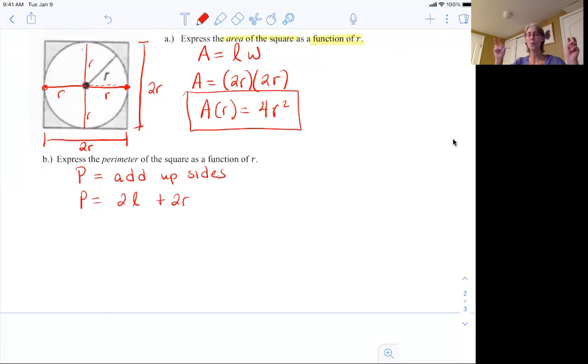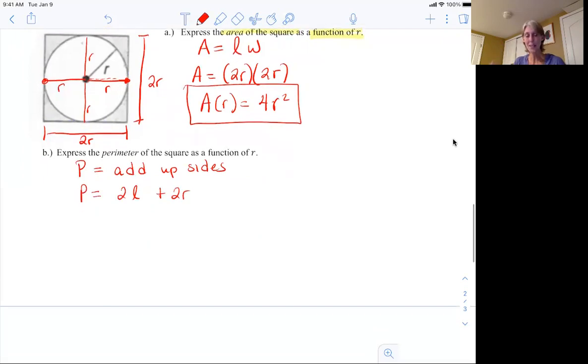That's the fancy formula, so to speak, but just think about it as adding up the sides. So 2 times L plus 2 times W. I'm sorry, 2W. That's why I just add up the sides.